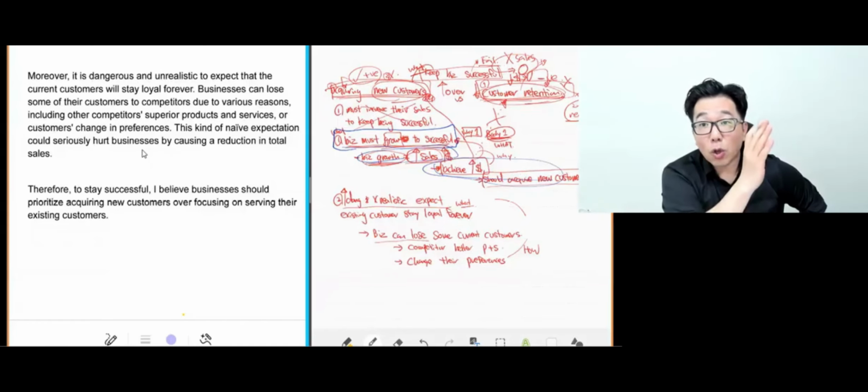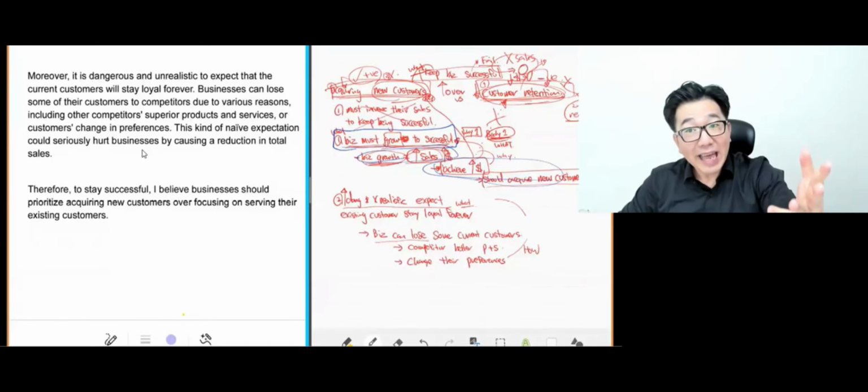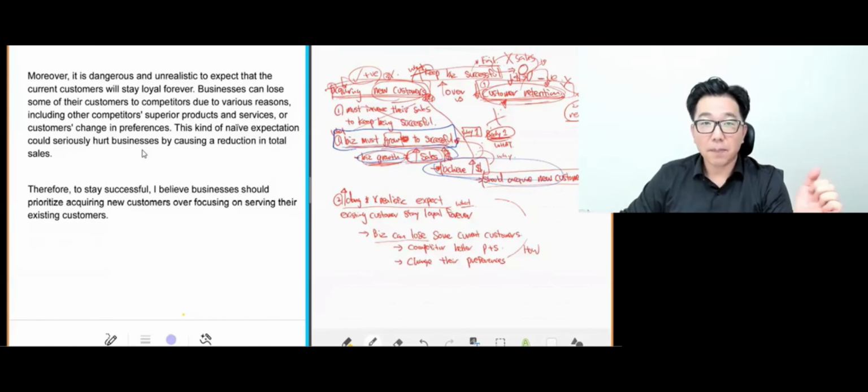You should also adopt acquiring new customers. And more than that, I think acquiring new customer is a more important strategy, okay? By causing a reduction, decrease in total sales, which is the worst thing that can happen to any businesses, okay? Fine, that's done. So there'll be still already over 130 words, I think.